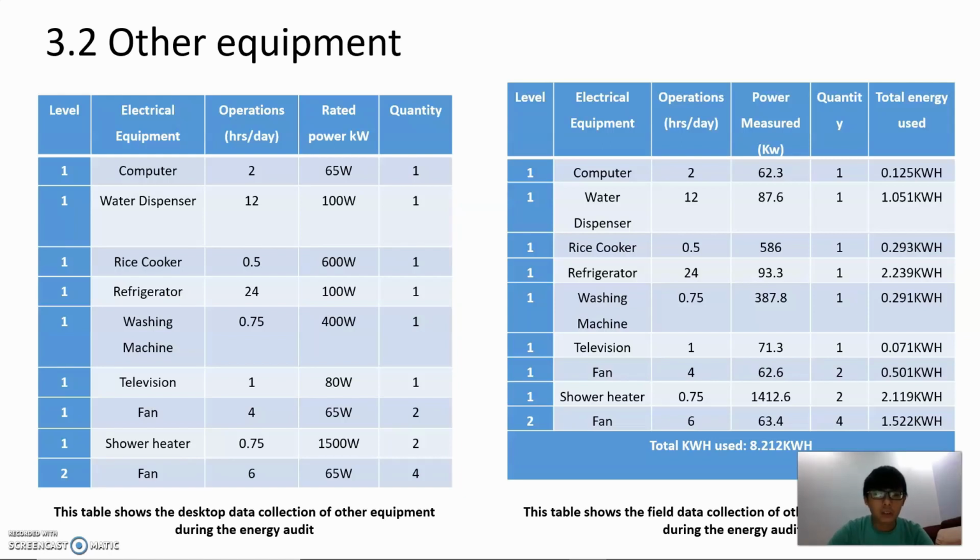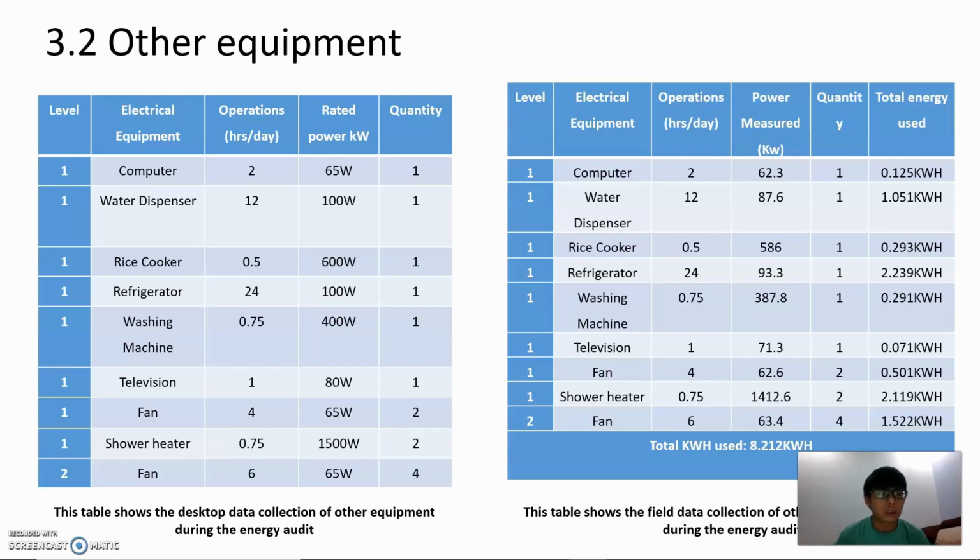Okay, refrigerator. The refrigerator operates 24 hours per day. The rated power is 100 watts and the power measured is 93.3 watts. Washing machine.